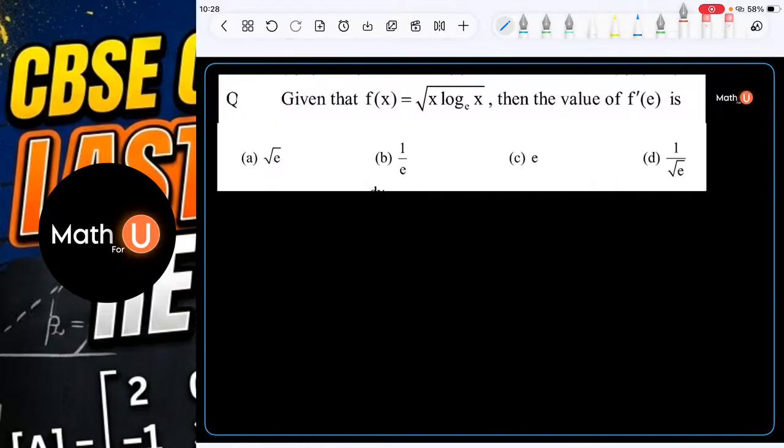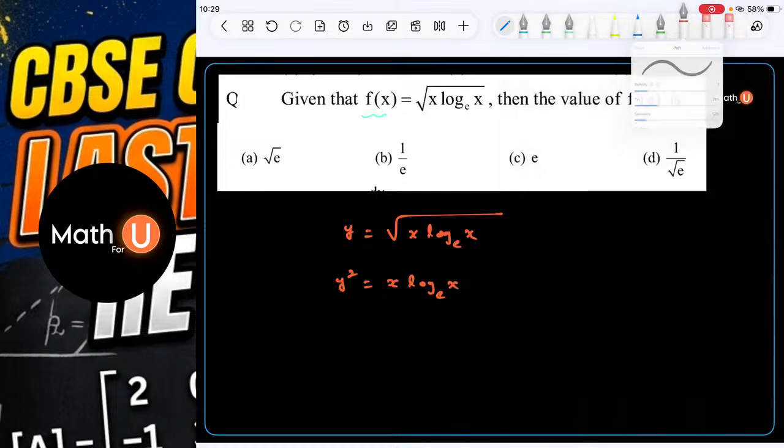This is the function. f of x I can write as y is equal to square root of x into log base x. I will take squaring on both sides. I will write y square is equal to x into log base x, then differentiate this.